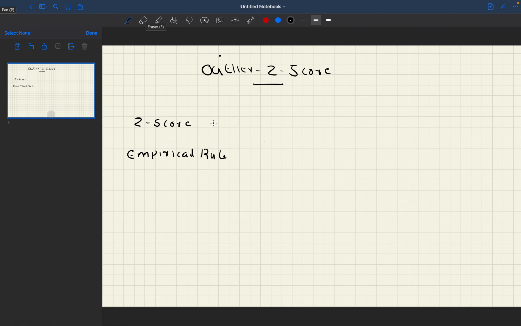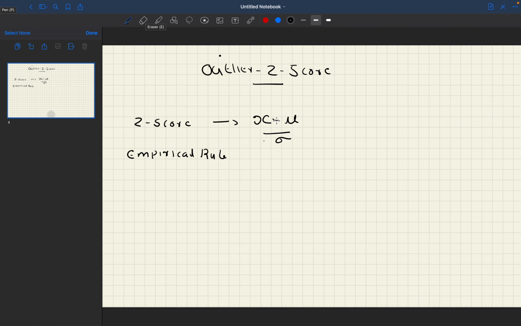Okay. So Z-score, first I will tell you the formula. The Z-score formula is x minus mu divided by sigma, where x is the number, mu is the mean, and sigma is the standard deviation. By definition, Z-score is a numerical measurement that describes a value's relationship to the mean.